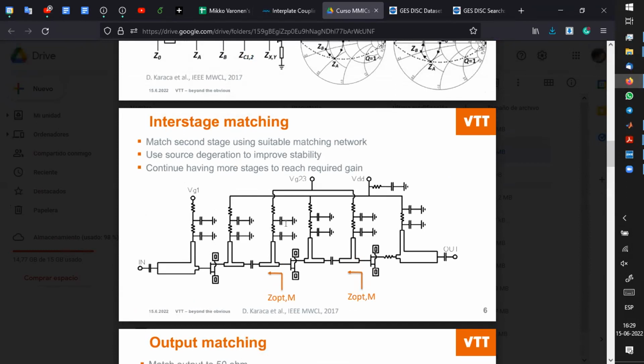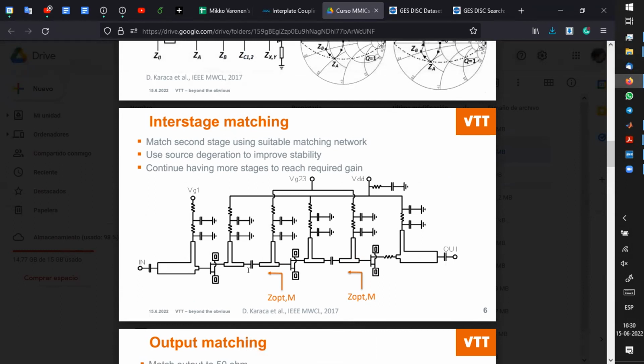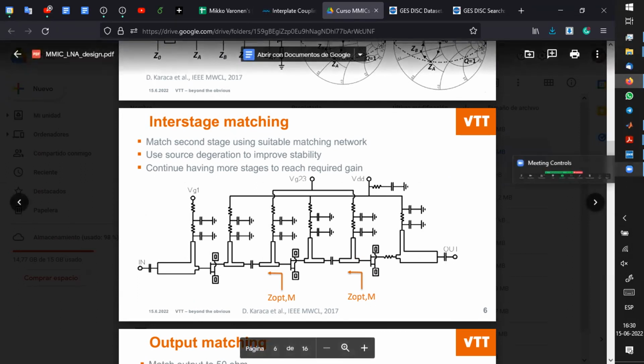So we need to bias both the output of the first transistor, the drain, and the input of the second transistor, which is the gate. So I suggest you have two short-circuited shunt stubs there at some point. And then we would have a capacitor there, large enough, let's say 2 picofarads at these frequencies.